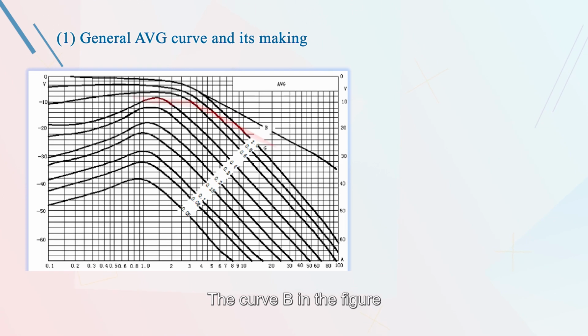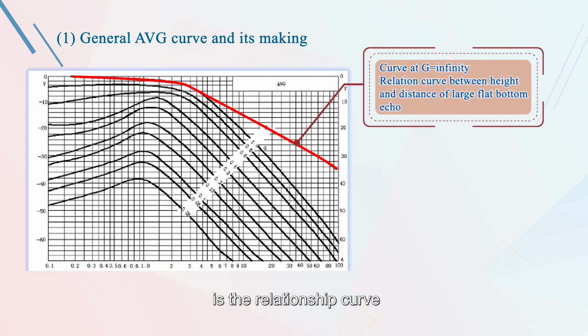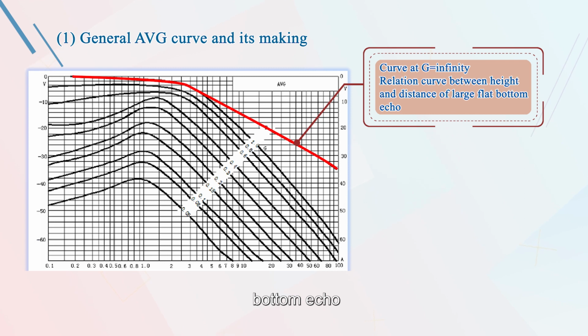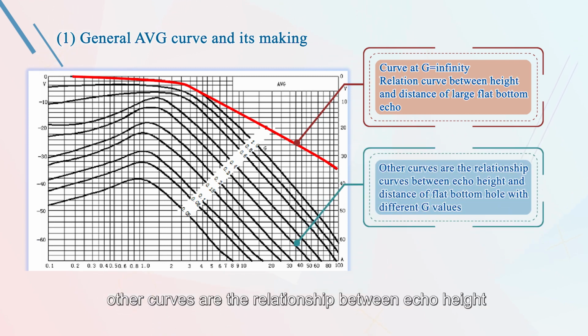The curve B in the figure is the relationship curve between the echo height and the distance of the large flat bottom. Except for curve B, other curves are the relationship between the echo height and distance of flat bottom holes with different G values.